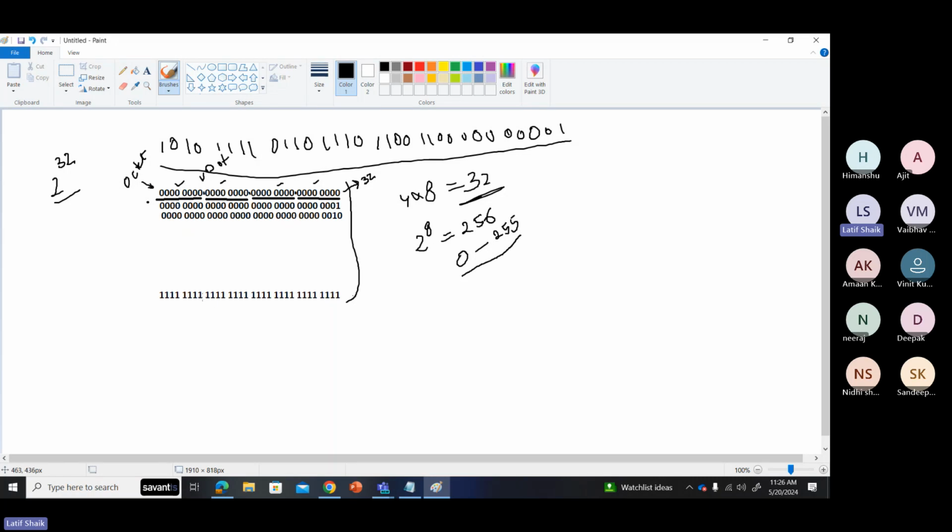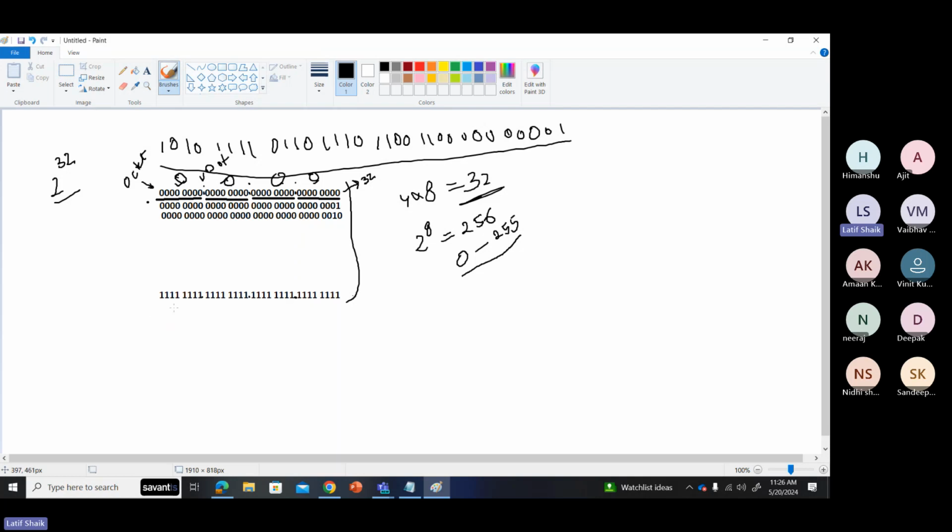The max number is 255. You can see this last one. These are all zeros, so the value is 0. This is the starting address, 0.0.0.0, the very first.